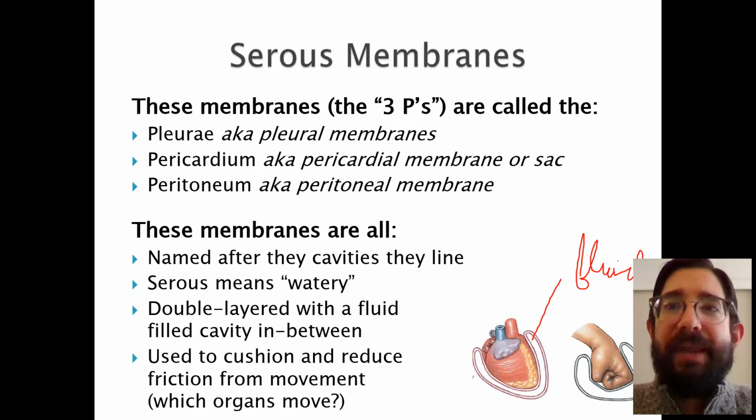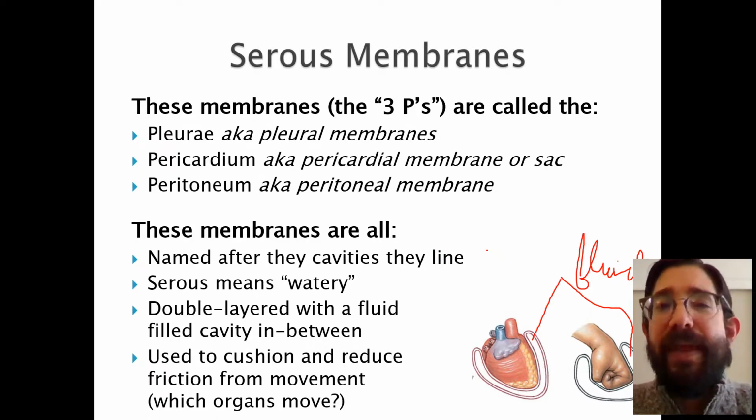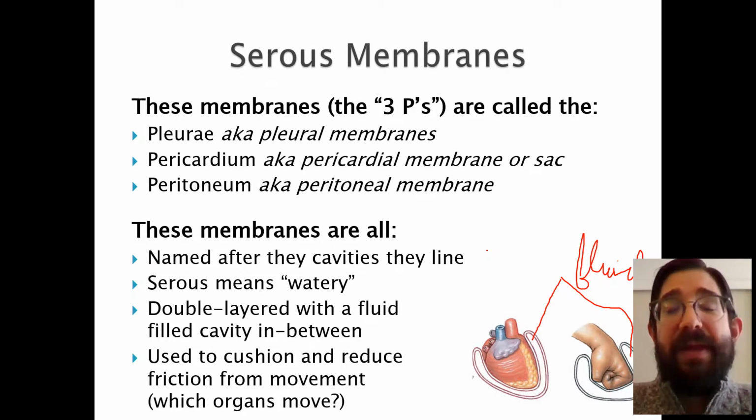So there's fluid inside, trapped in between this double layered membrane. And the goal of this is provide perhaps a bit of cushioning, but it reduces friction as these organs move. So, which of your organs move? Well, not all of them. The heart pumps and moves.